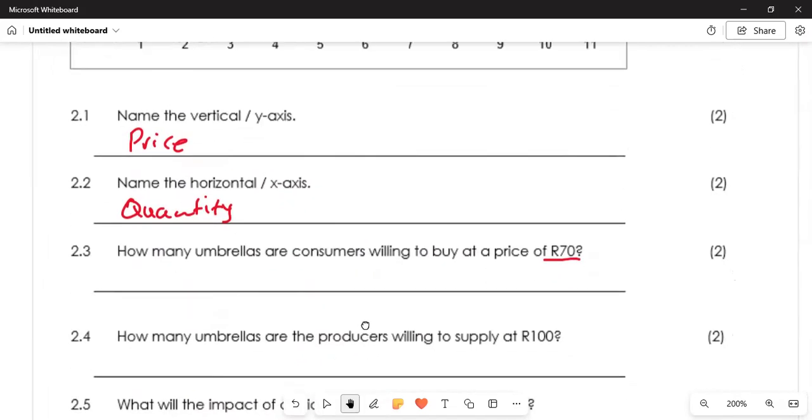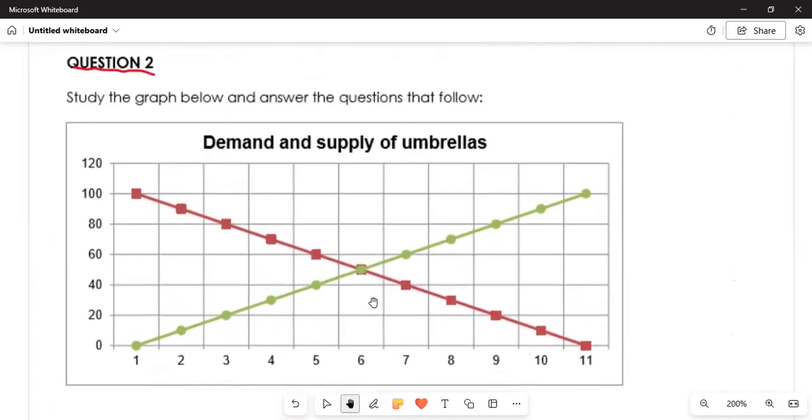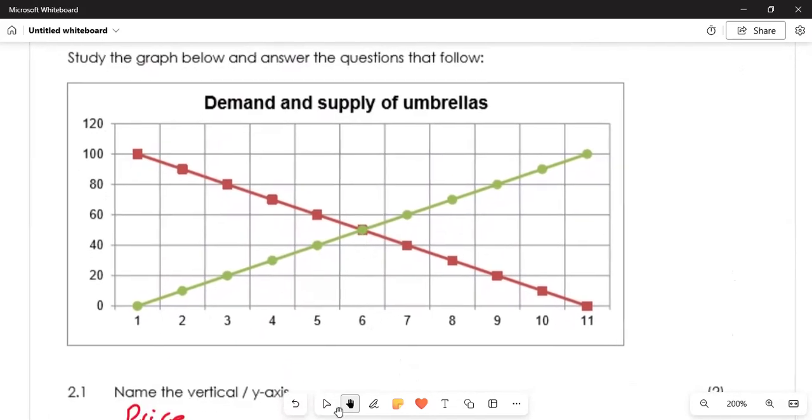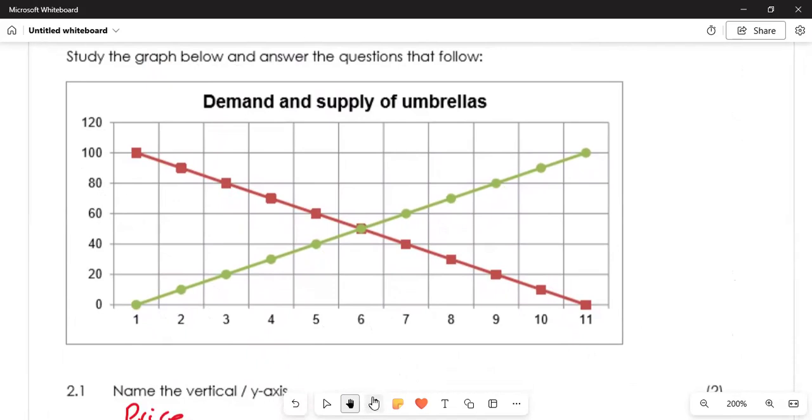So when you come to our demand and supply of umbrellas graph, you can see here is our 70, and you can see that the umbrellas that they're going to buy are 4.